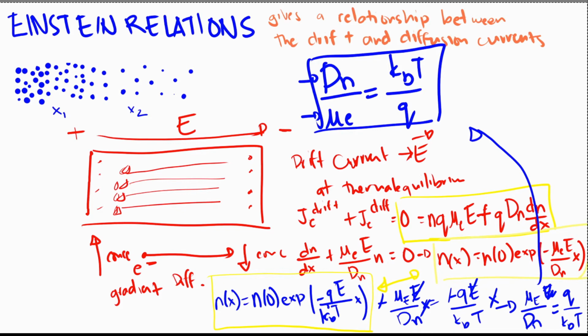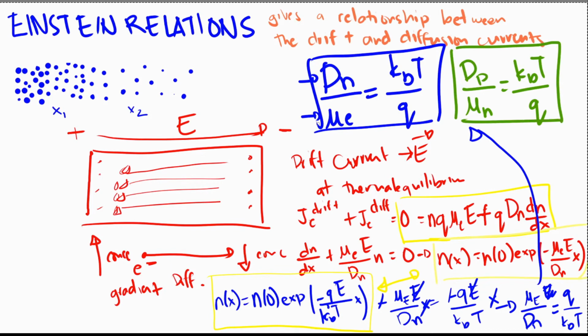We can do a similar analysis, and we'll get Dp over mu h is equal to kBT over Q. At room temperature, the value of kBT we know is 25.9 milli-electron volts, and Q is just 1 electron. So kBT over Q is just 25.9 millivolts.